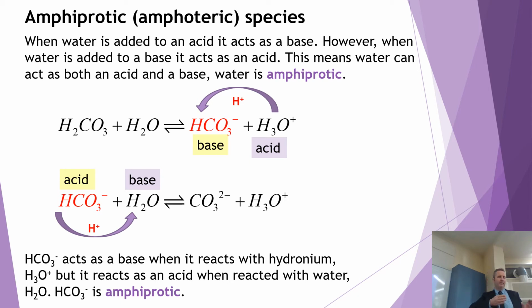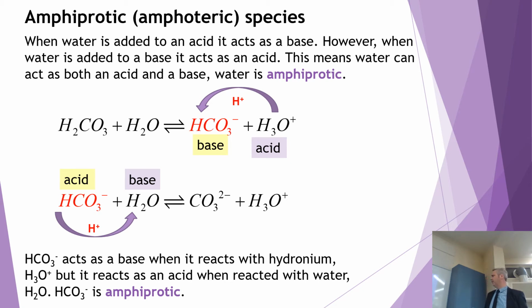Exactly. It's a species that exists in another form with an extra hydrogen and a positive charge, but also exists in another form with one less hydrogen and one more negative charge. So this can exist as carbonate or as H2CO3. Therefore it becomes amphiprotic.